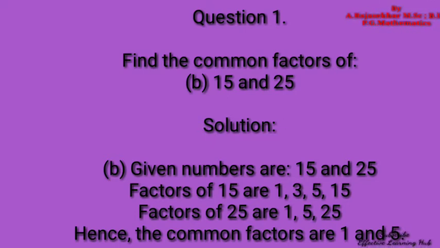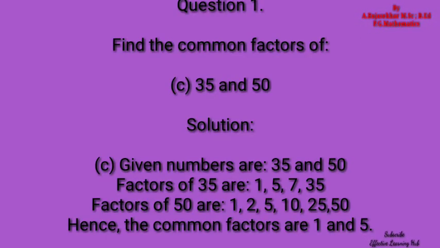Next, C question. Find the common factors of 35 and 50. Solution. Given numbers are 35 and 50.